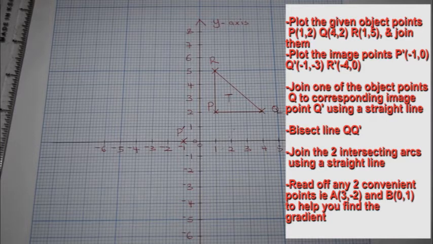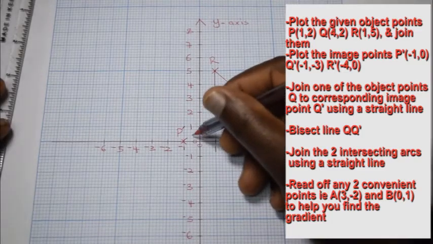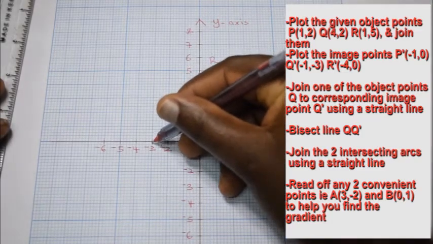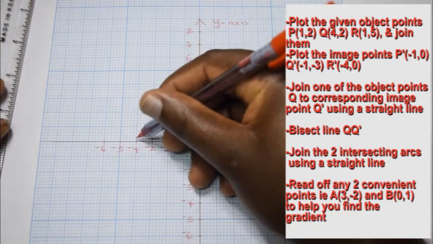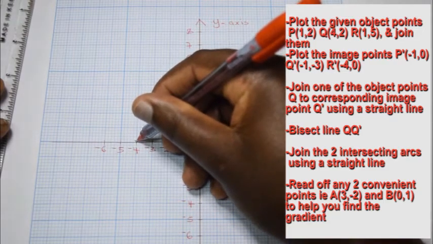For R prime, move 4 steps in the negative direction of the x-axis, followed by 0 steps on the y-axis.